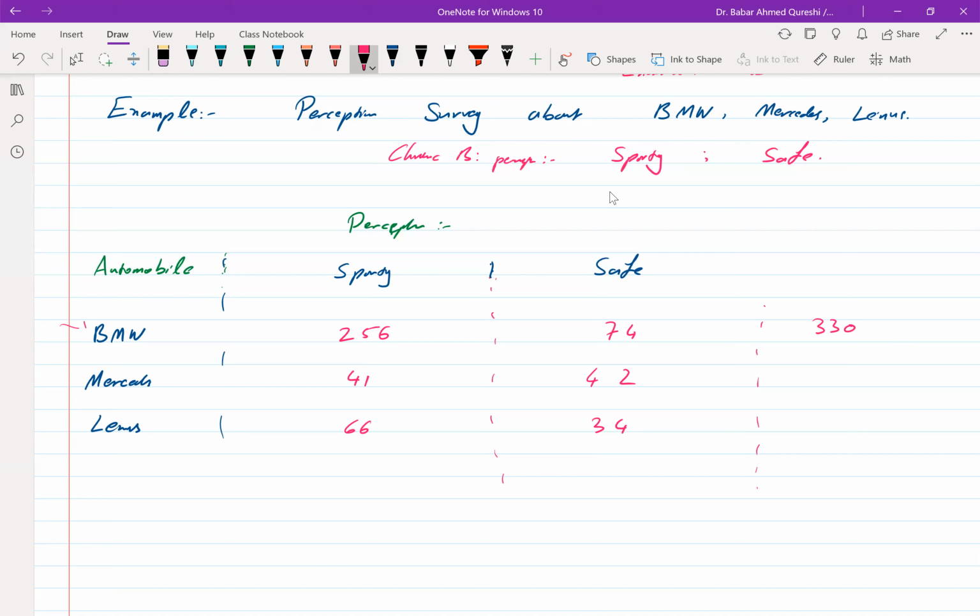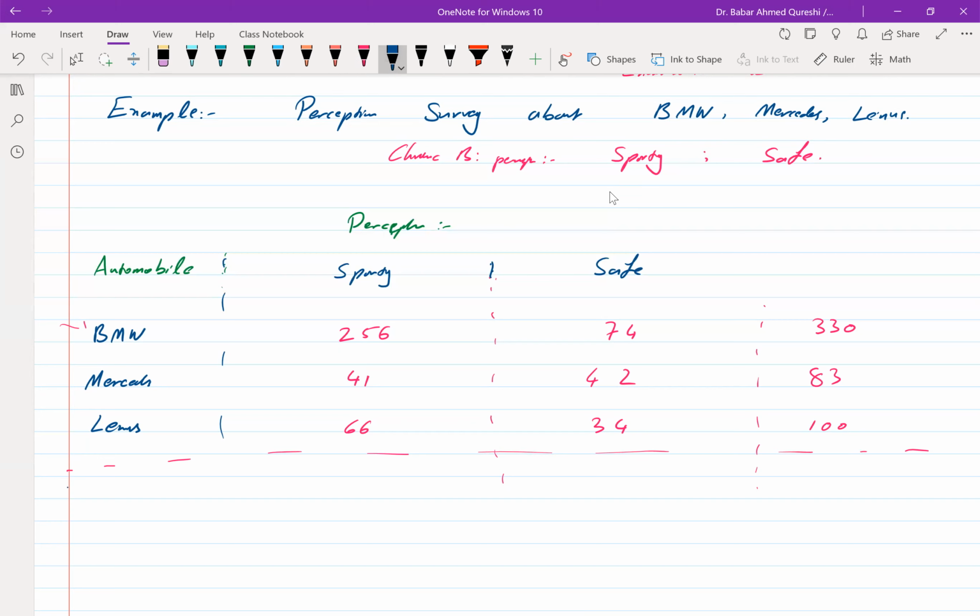These are the numbers. So 330 were talking about BMW, 83 were for Mercedes, and 100 were for Lexus.